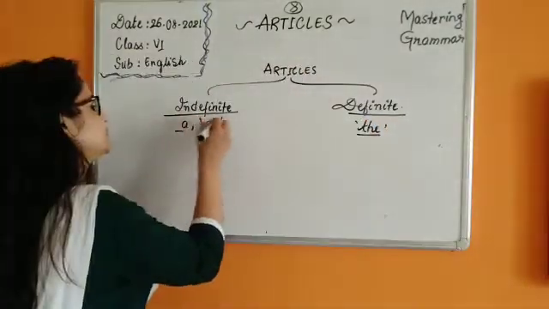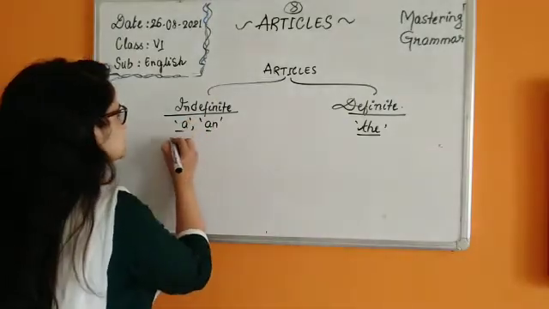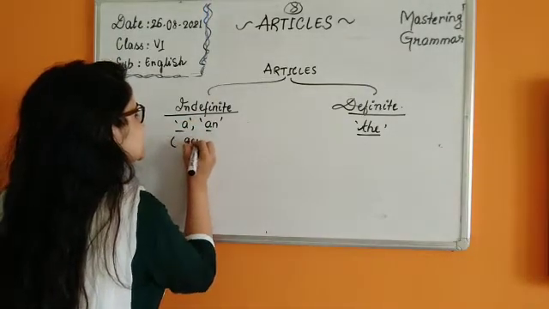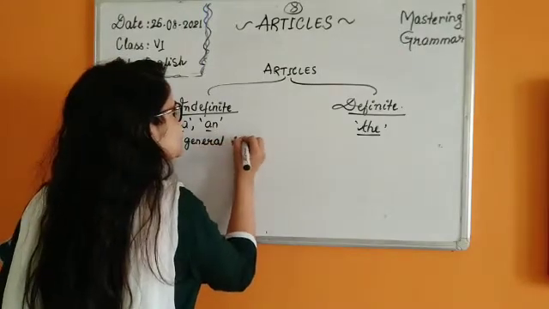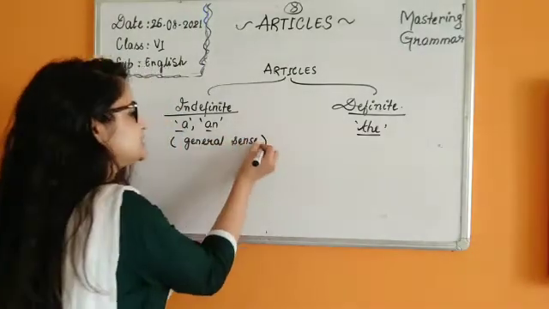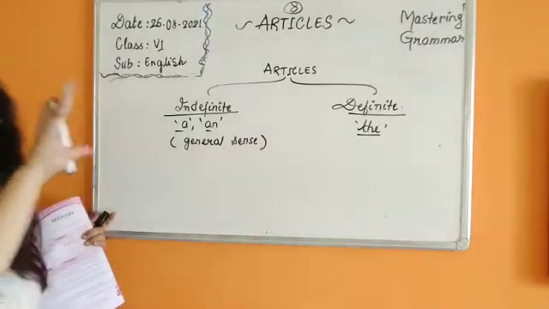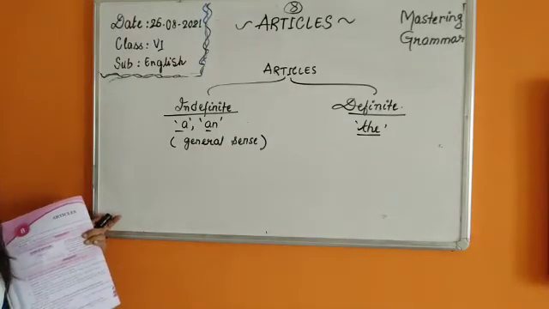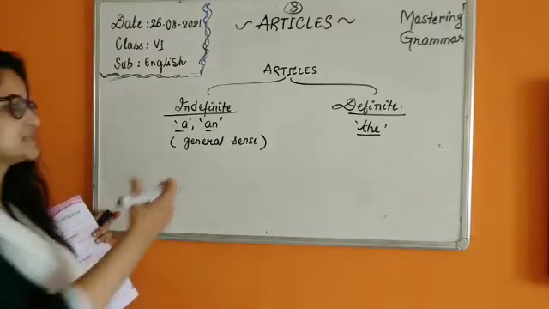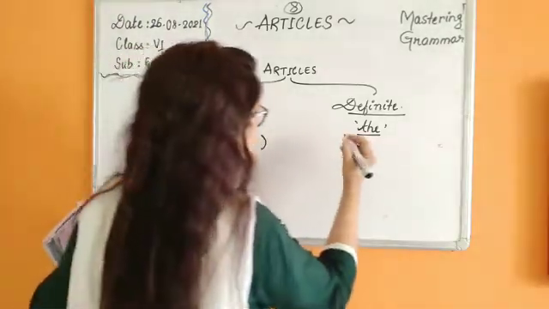So children, with this you understand that indefinite articles are used in a general sense. When we are talking about nouns in a general sense, that means we are covering all the nouns, then we use a or an.